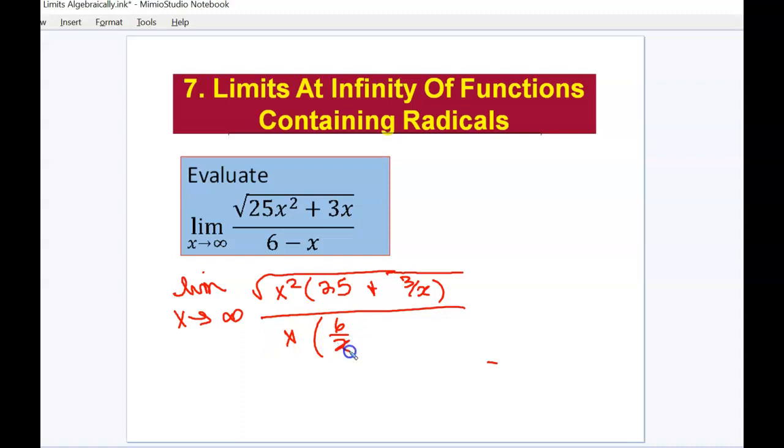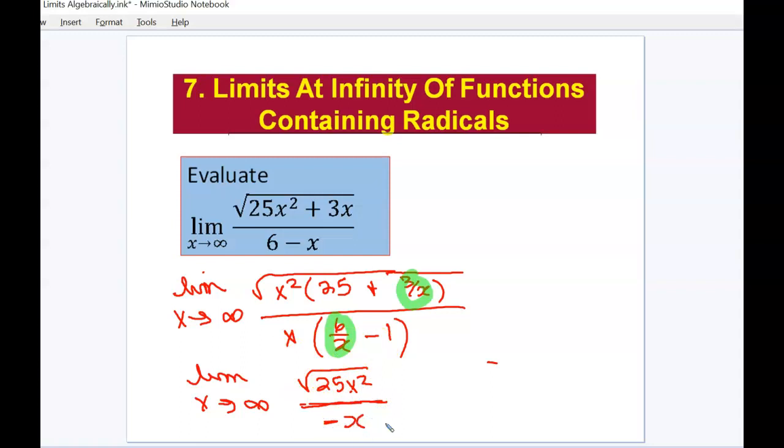This is going to give me 6 over x minus 1. And why do I do that? Well, again, this term and this term will become 0. So this is left to be the limit as x approaches infinity of the square root of 25x squared over x times negative 1, which is going to be negative x.